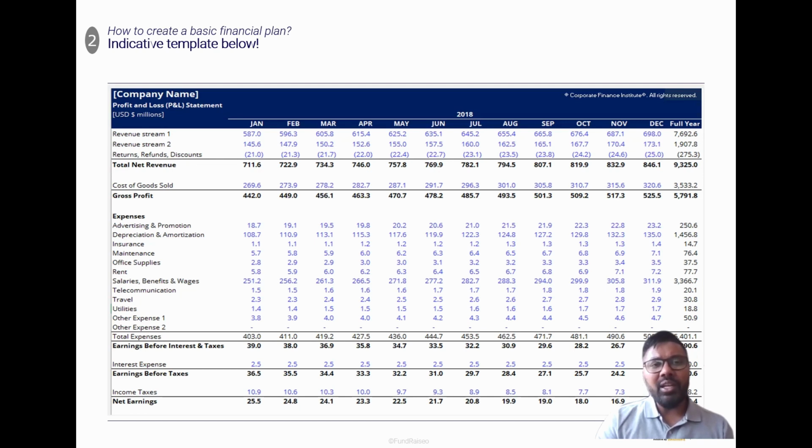Now, going into the revenue, which are the first three rows, you can see I have written revenue stream one, revenue stream two, and then another entry for any returns, refunds, or discounts that you have given, which will be negative. It is absolutely critical to define all the revenue streams you plan to take to market.